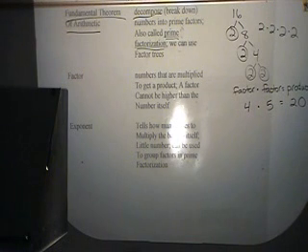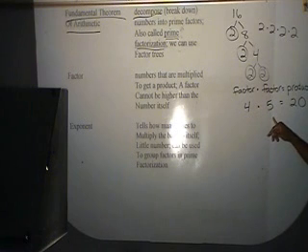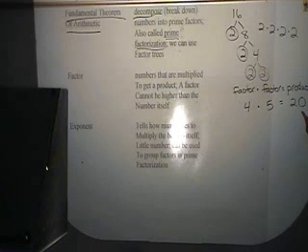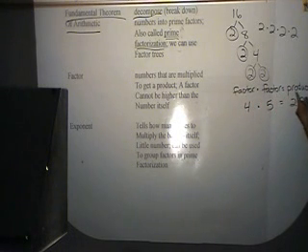What are the factors of 20 that we used here? 4 and 5. Those are factors. A factor cannot be higher than 20. We can't say 40 is a factor of 20 because 40 is too big. We multiply factor times factor to get a product. And the product is 20.